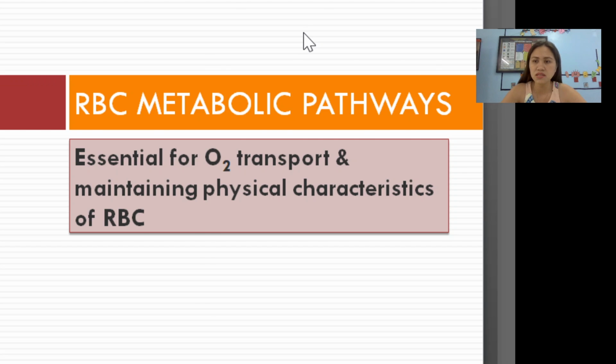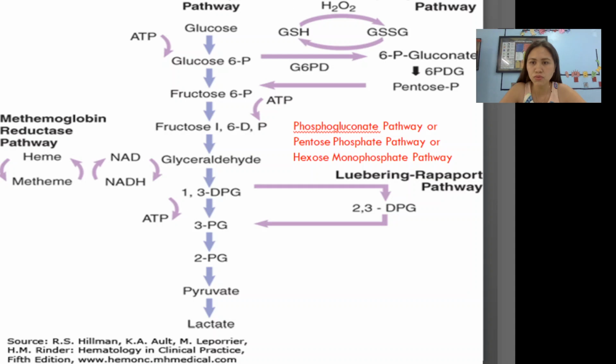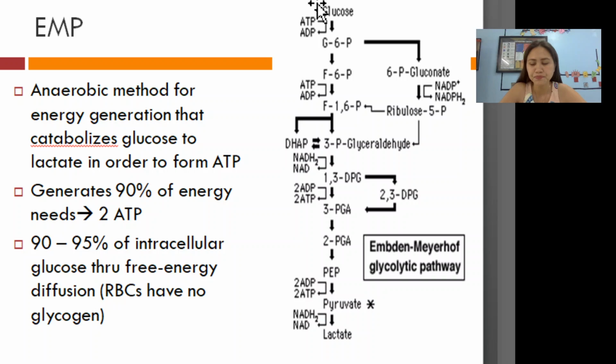If we go back to that picture, this is the Embden-Meyerhof pathway. It generates 2 ATPs at the end of it, and it generates 90% of energy needs. And then 90 to 95% of intracellular glucose is used through this pathway, because RBCs have no glycogen.